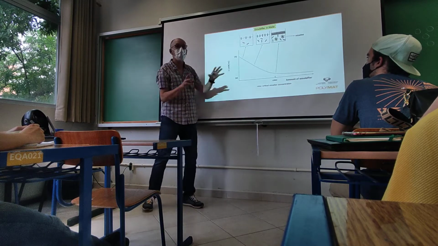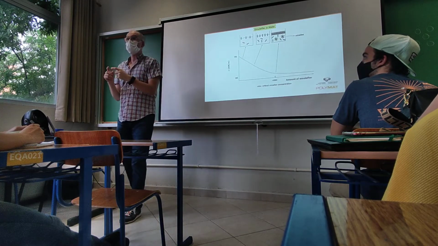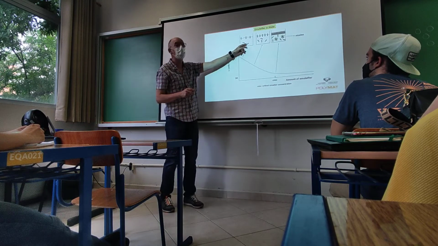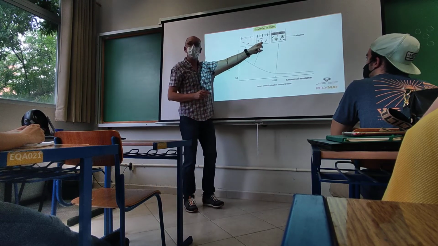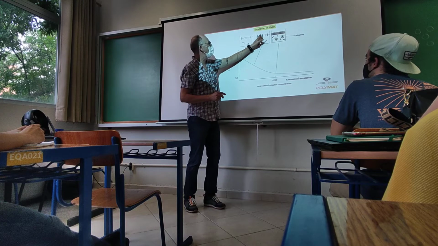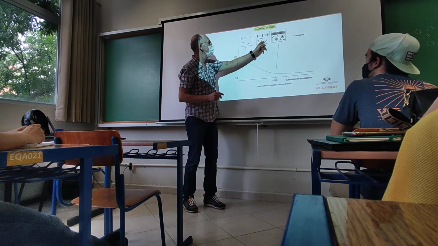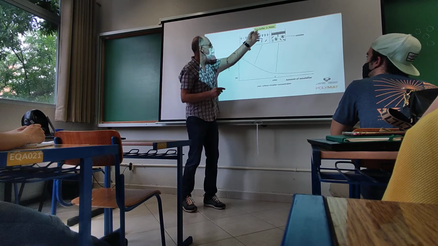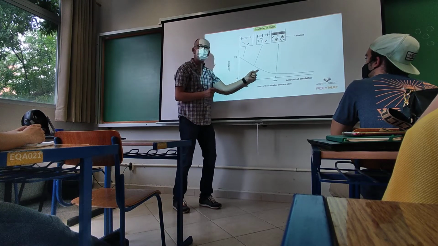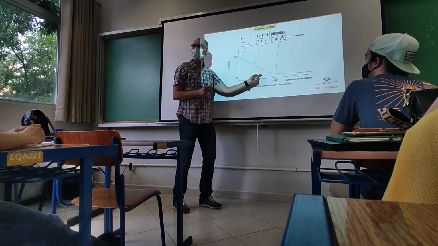Of course, since the surfactants are partially water soluble, they will also solubilize. If you continue increasing the amount, it will completely cover all the interface. It will increase the concentration in the aqueous phase, and by doing this, what you are doing is decreasing the surface tension of the solution.